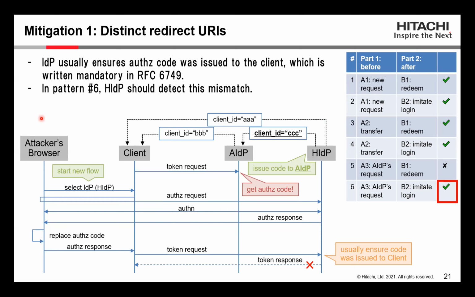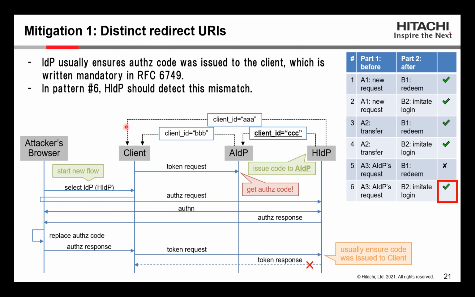In pattern 6, this is not so related to this mitigation. The IDP usually ensures that the authorization code sent from the client was actually issued to the client, so HITACHI can detect this mismatch. For example, this check is mandatory in RFC 6749.